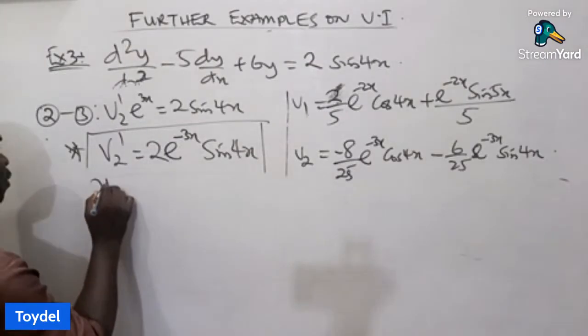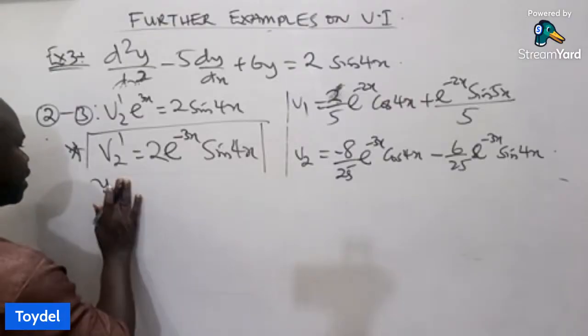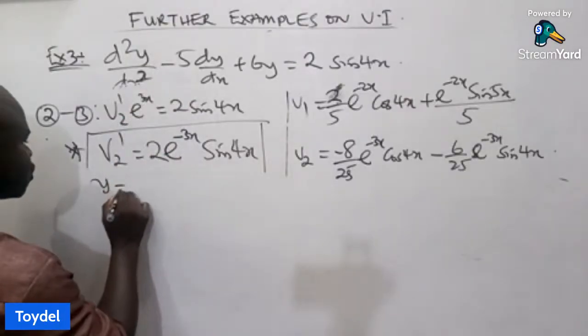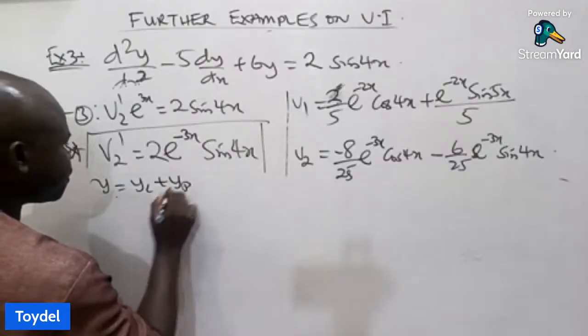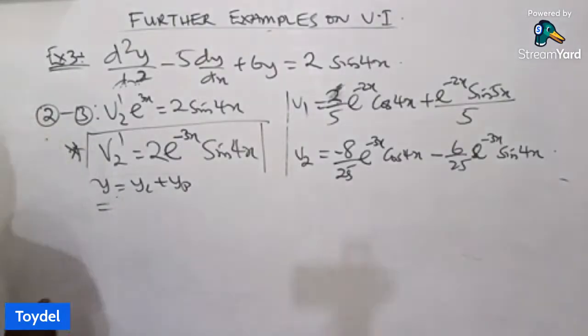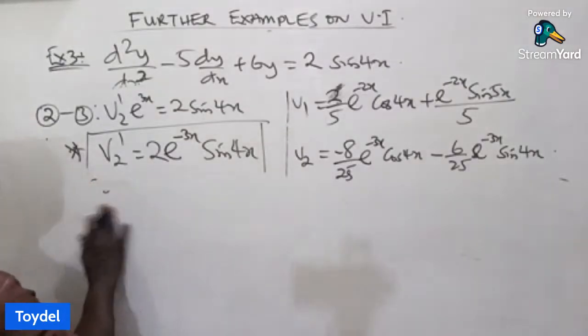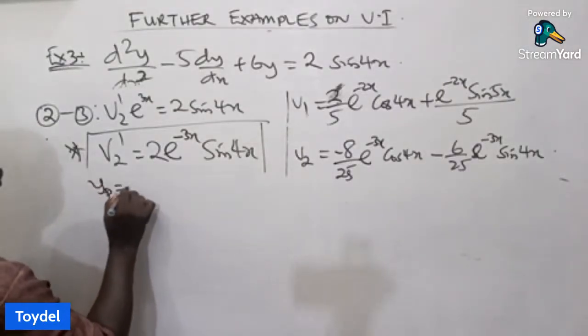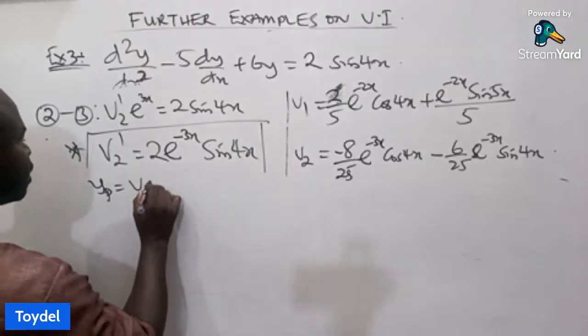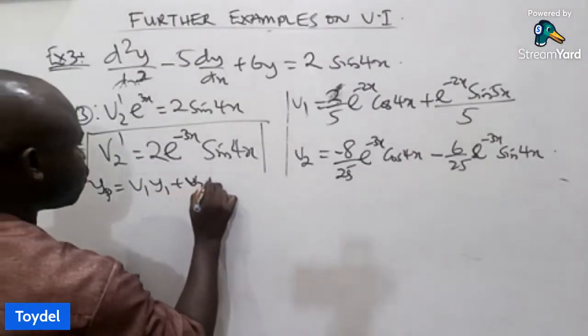Finally, the final solution to this problem, y, is equal to yc plus yp. We know yc, the complementary function. Let's first find the value of yp, the particular solution. yp is equal to v1 y1 plus v2 y2.